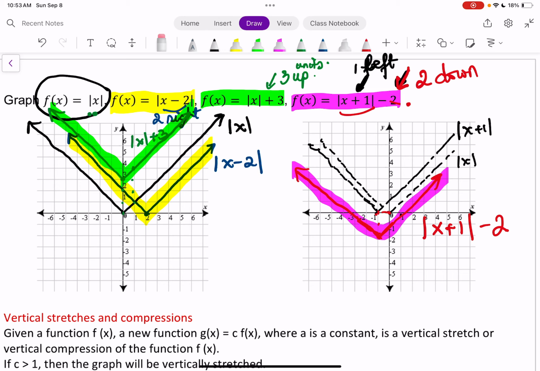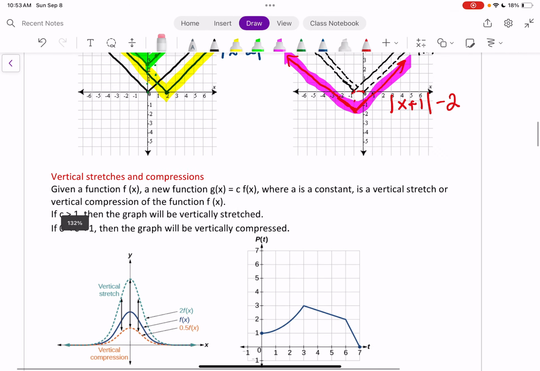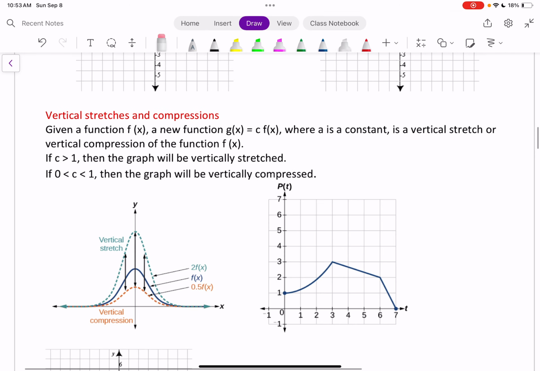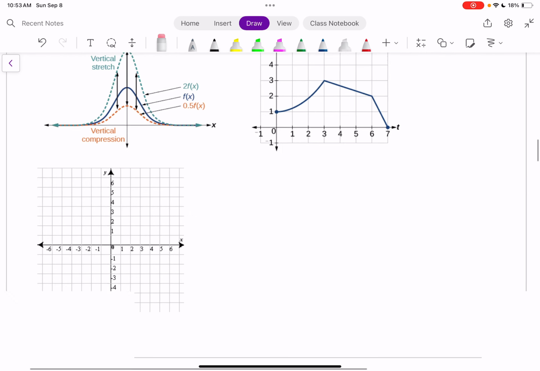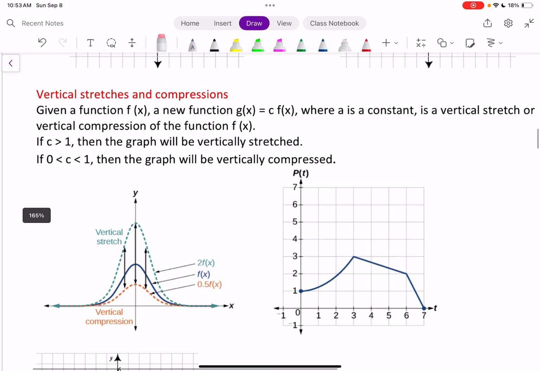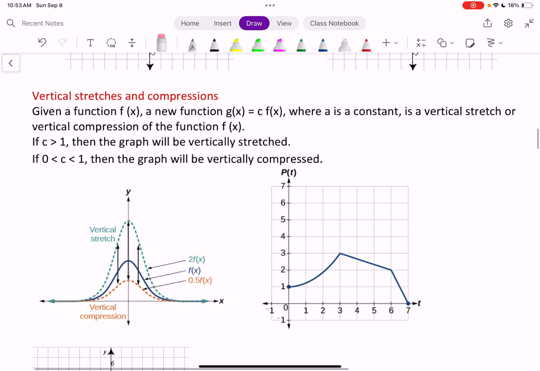All right, so let's look at another type of transformations. These are vertical stretches and compressions versus horizontal stretches and compressions. So let's see what that is. So given a function, a new function c times f of x.